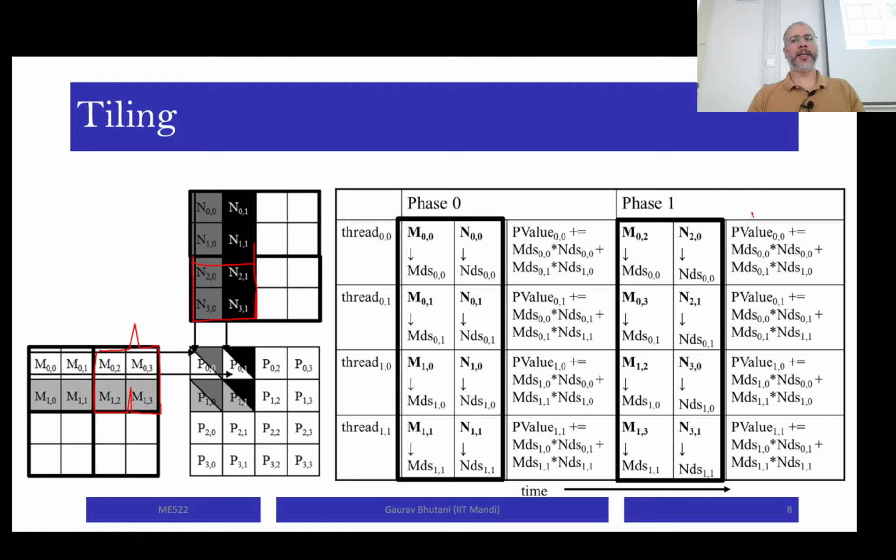P value is, by the way, an automatic variable, a private variable on a register for each thread, because each thread has its own multiplication. Once these are available, you use them to calculate the remaining part of the multiplication. After these two phases, you have the complete multiplication available, and you have reduced the work to half in terms of copying information from the global memory. So this is the much more efficient algorithm.